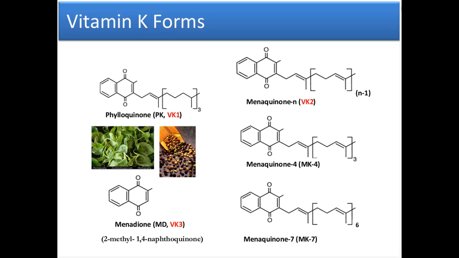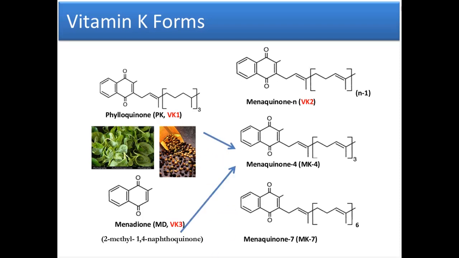And then they can also have side chains that only have 4 groupings here, or they could have 13. And when you see vitamin K2 named as a menaquinone 4, 7, that just means that there's 4 of these repeating units. So this is a shorter side chain than, for example, menaquinone 7.